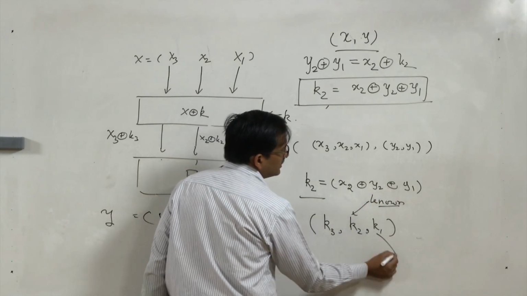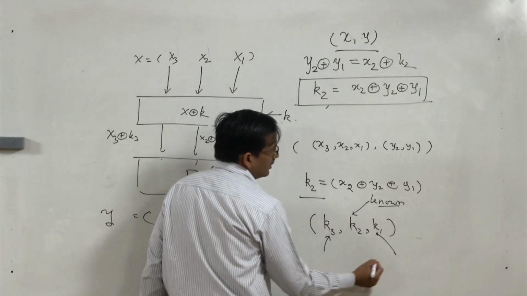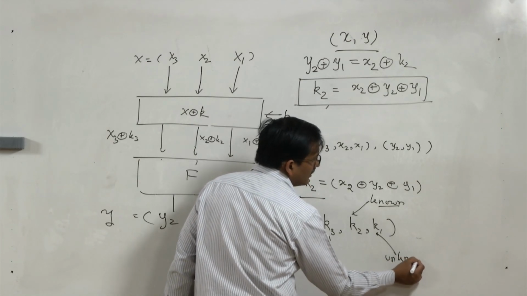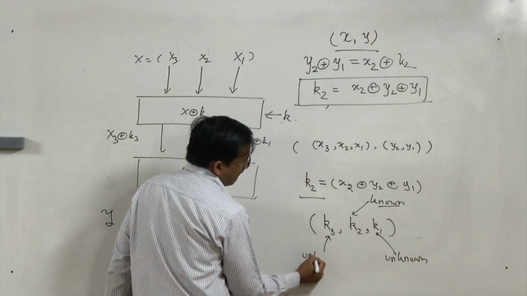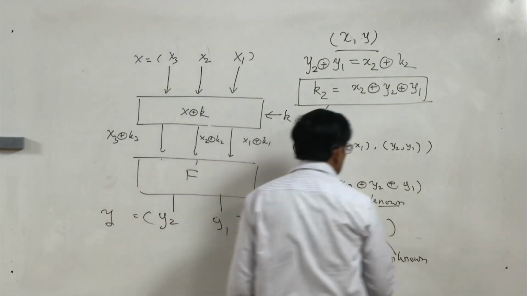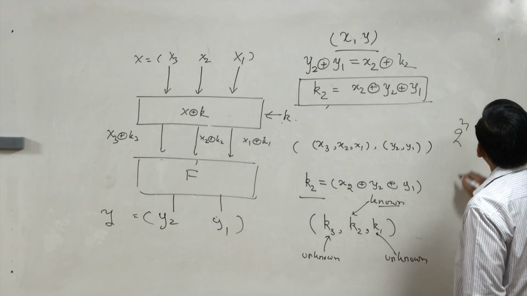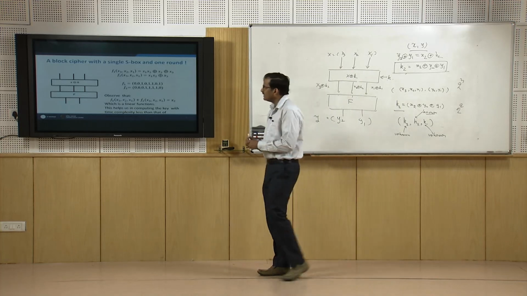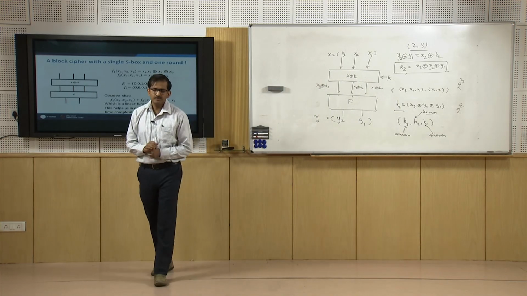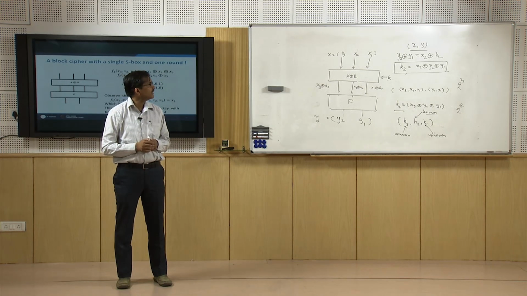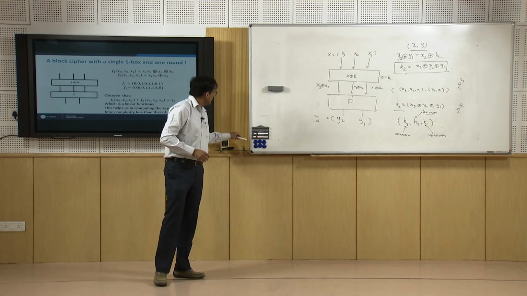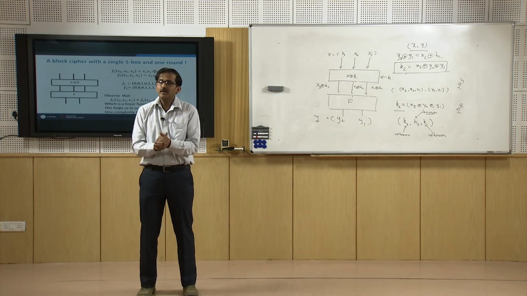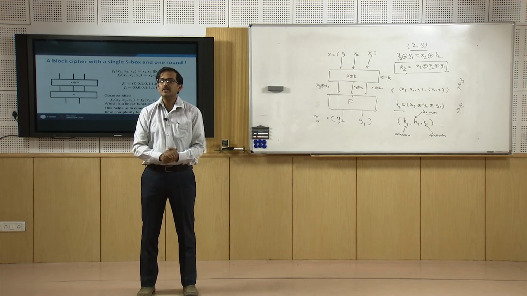Therefore, I have to search for only these two unknown key bits, and my search reduces from 2 to the power 3 to 2 squared, because I have just 4 possibilities. So, I will definitely be able to get the value of the keys. This is what happens if a component function of an S box becomes linear.